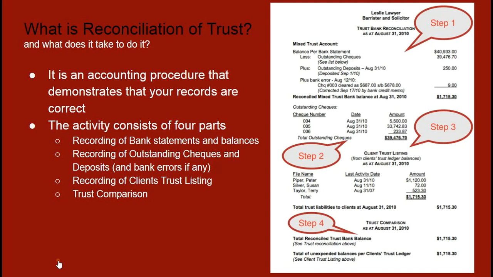So outstanding checks are where there's the situation where you may have sent out a check and the client or whoever you wrote this check to may have not yet cleared that check. So if you've written a trust check for, say, an application form, and let's assume that that application form has not yet been deposited, or maybe a refund of a retainer.